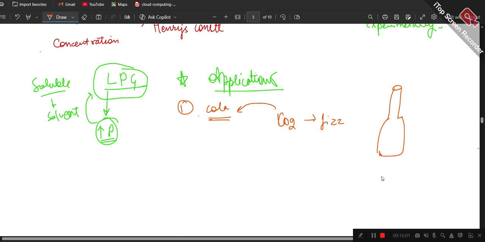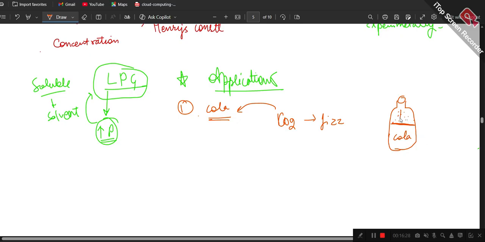I'm so sorry, I think I made a weird bottle. I want to make a normal bottle. So, say this is a cola bottle. Here there is fizz inside, and this is the liquid, the cola that we have.